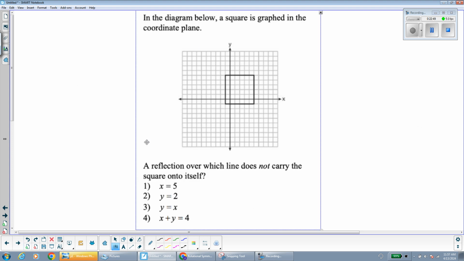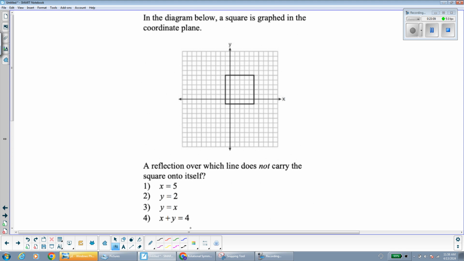If we take a look over here, we have the same kind of question where we're talking about mapping a figure onto itself, but we're not talking about rotational symmetry here. Here, we're talking about a reflection that will carry the square onto itself. So I'm going to start with the bottom answer choice first because it looks the most complicated.